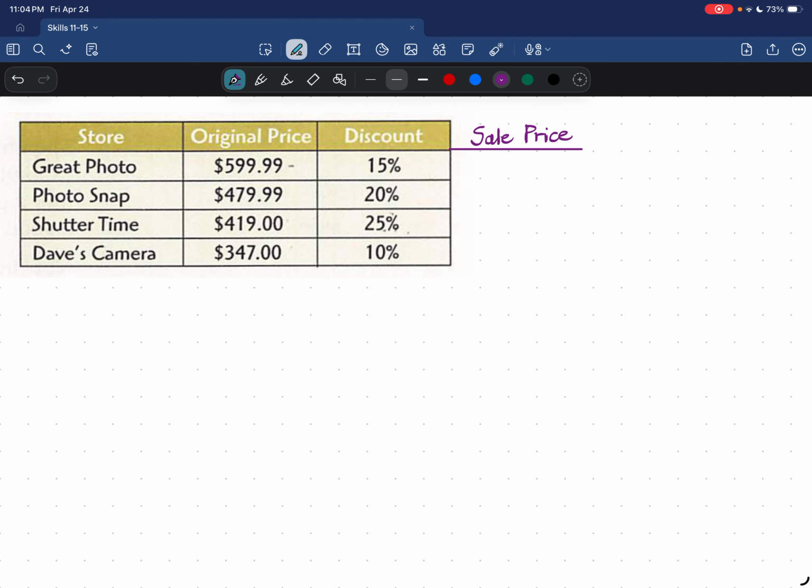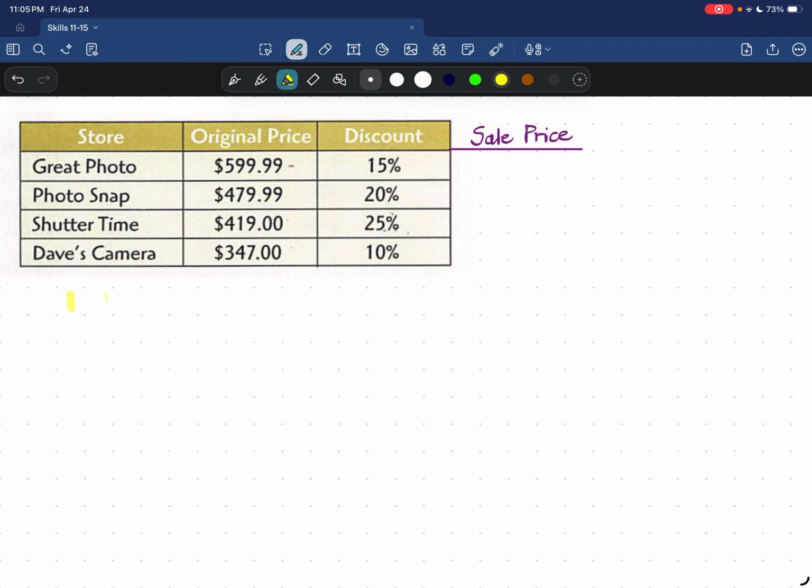So Great Photo has $599.99 at 15% off. So I'm going to, let me not change the way I've been showing you. Bear with me. I was about to do a shortcut, but I think I better not do that. Let's use our proportion the same way we've been doing it.